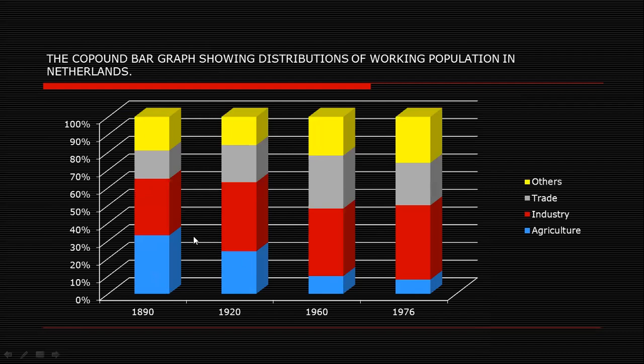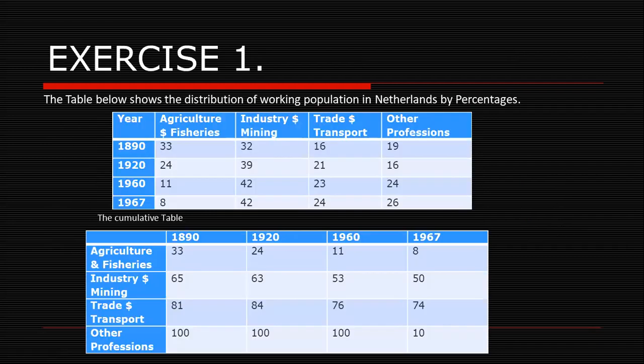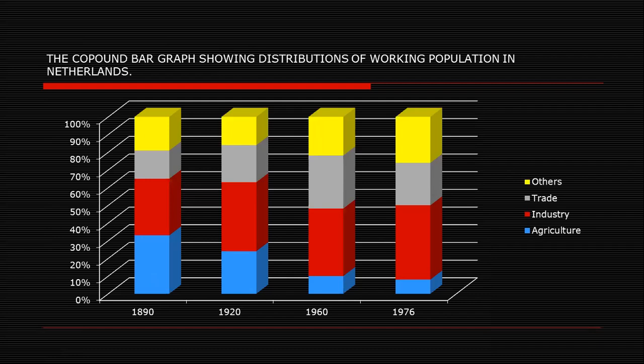So when we go here, we shall just add on this. We shall go and get our 65, 63, and then 53, and then 50. So we have already got another segment, which is 2. And then we shall do the same to the third segment, and also do the same to the fourth segment.